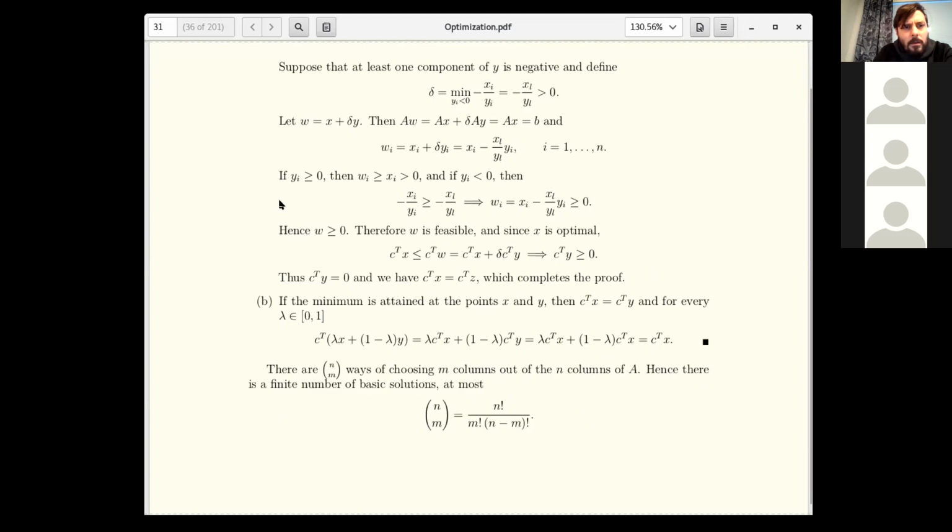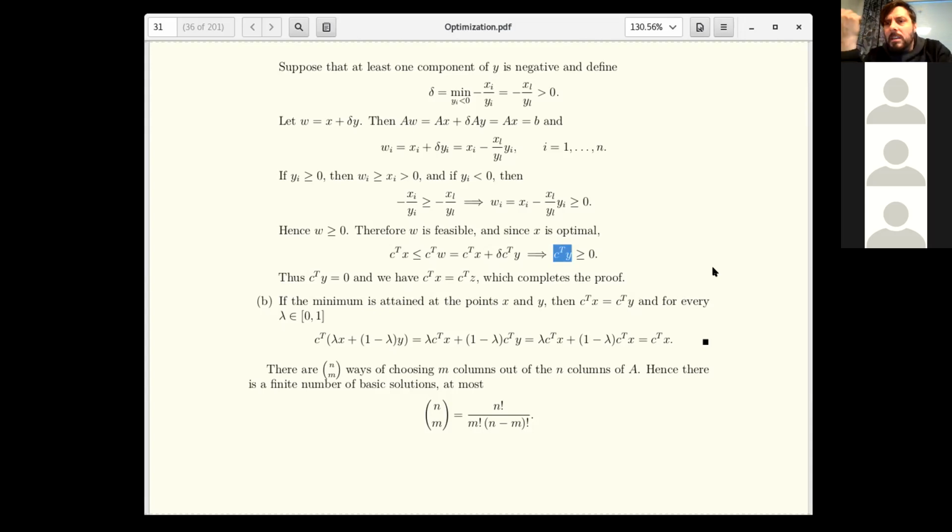Hence, because the components of this W are all positive, by optimality C transpose W must be greater than or equal to C transpose X. And then we get this positive coefficient for C transpose Y, which means that C transpose Y must also be greater than or equal to 0.